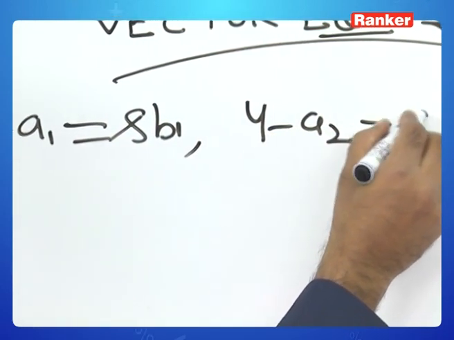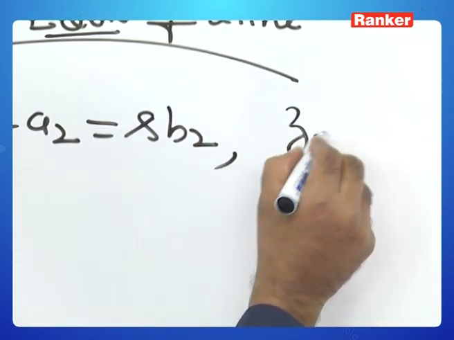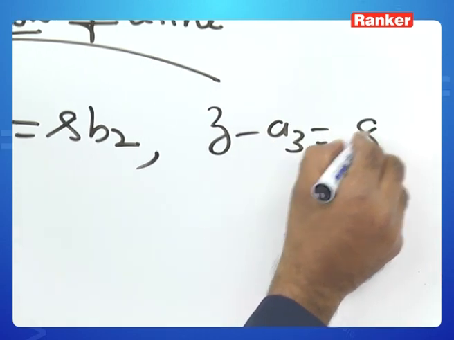Y minus A2 is equal to S into B2. Z minus A3 is equal to S into B3. Yes, we got it.